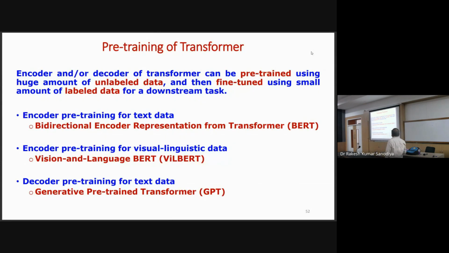And this is mainly for text data, but when we want to use these transformer models for image and video tasks, we need something similar for the visual data and also the linguistic data, right? So there is also a version of this BERT model called the ViLBERT model, which stands for vision and language. And this bidirectional model is basically looking at the relation of pairs of words irrespective of where the words are present, right?